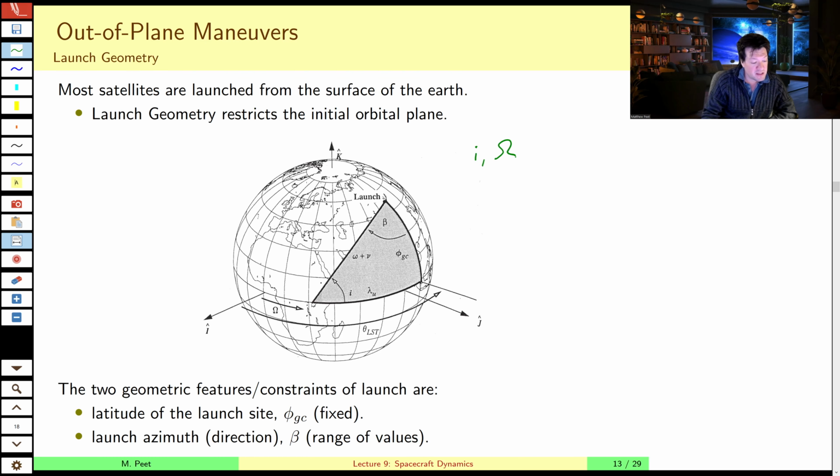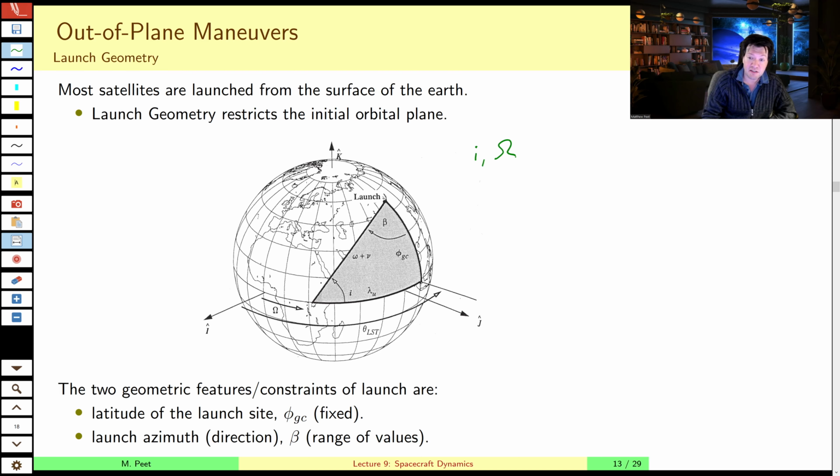So the right ascension of the ascending node is relatively easy to change. It doesn't change a whole lot with launch geometry. You just have to get the right launch window, so you have to launch at the right time. We'll address that, but by far the more important consideration is inclination.